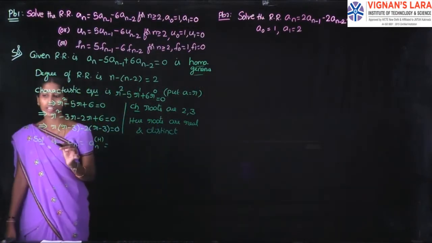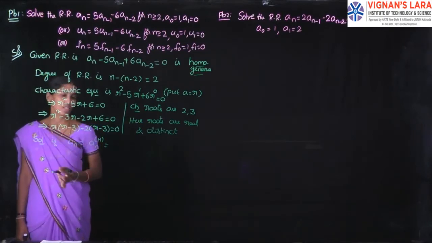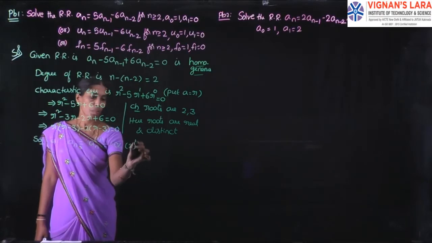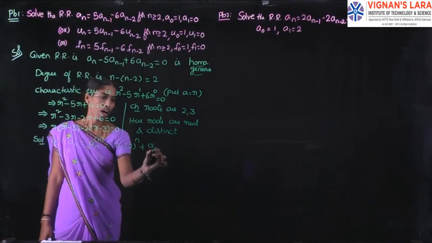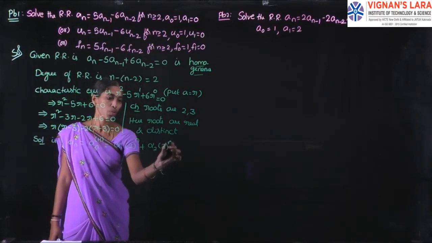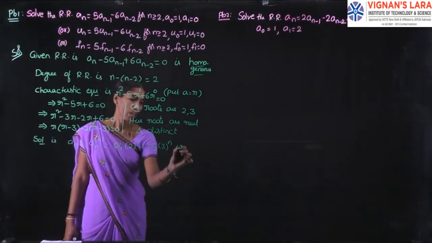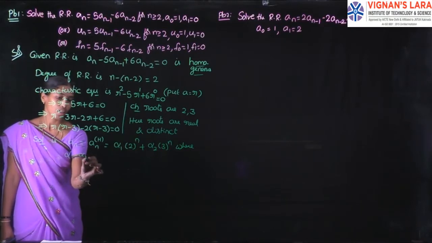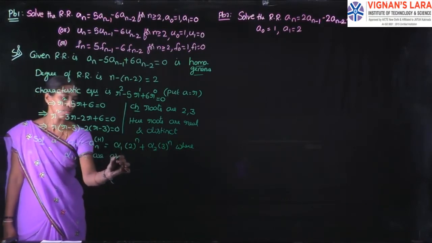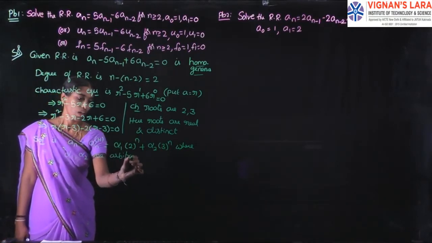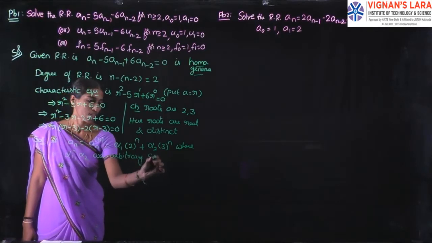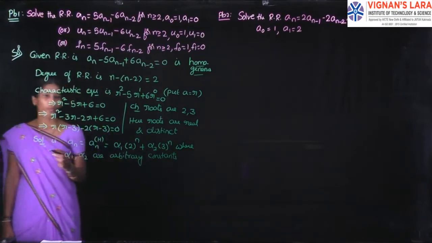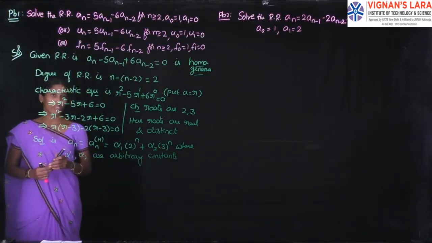Its solution contains only the homogeneous part. Alpha 1 into first root to the power n plus alpha 2 into second root to the power n, where alpha 1 comma alpha 2 are arbitrary constants, right? Both are arbitrary constants.